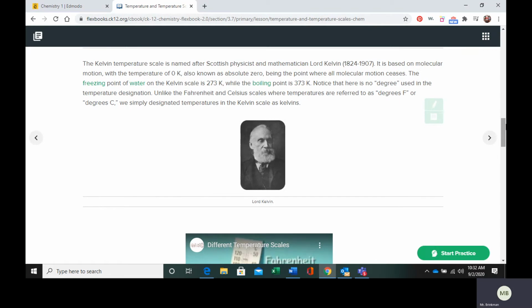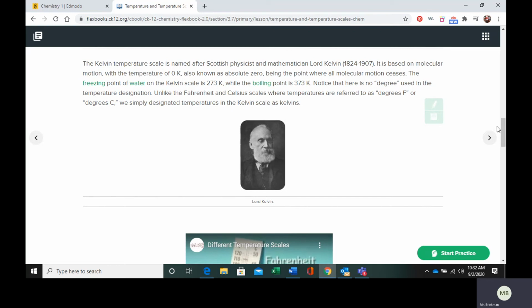So 0 Kelvin is known as absolute zero. This is when there is absolutely no particle motion. So absolute zero, it's talking about absolutely zero particle motion. So the freezing point on the Kelvin scale is 273 Kelvin. The boiling point is 373.